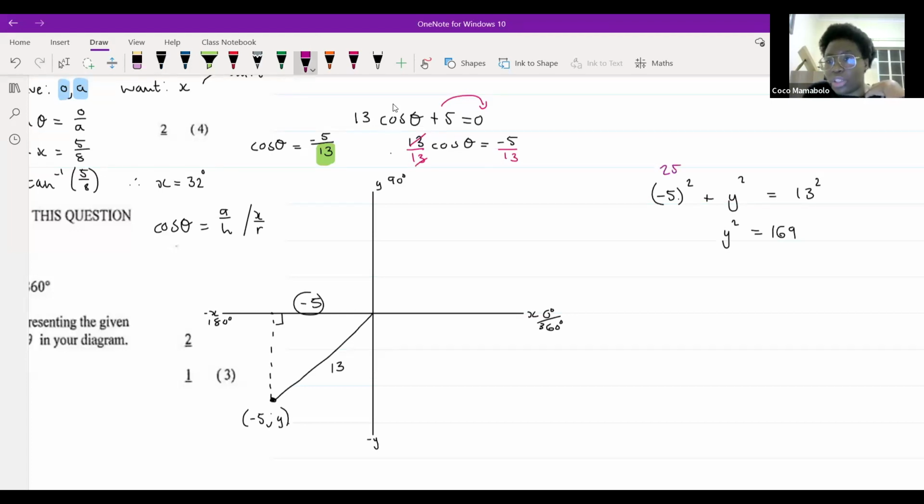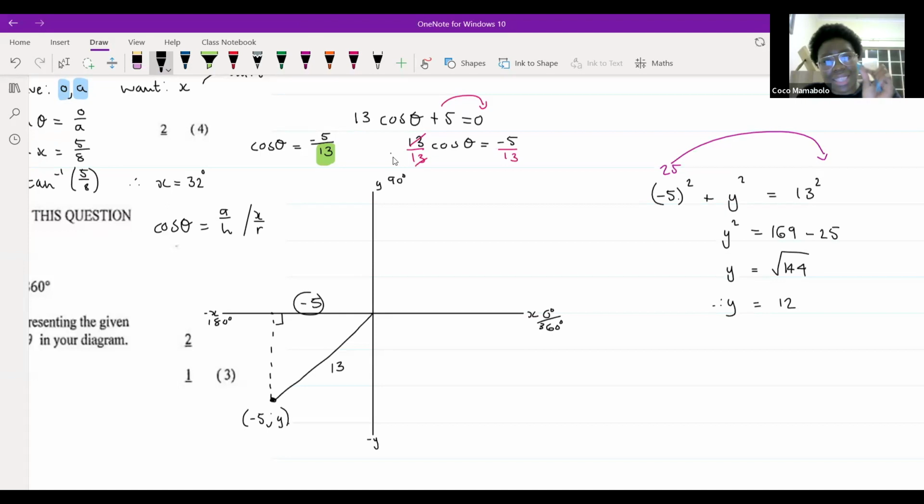So this is going to be 169 minus 25. And to find y, we're just going to take the square root. So y is equal to the square root of 169 minus 25, which is 144. Therefore, y is equal to 12.